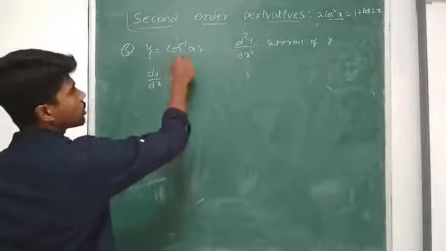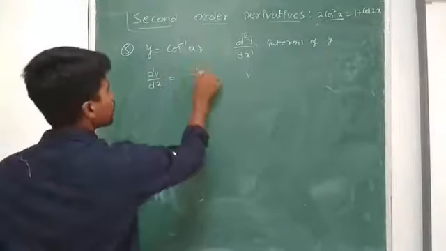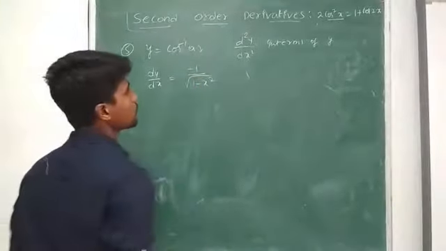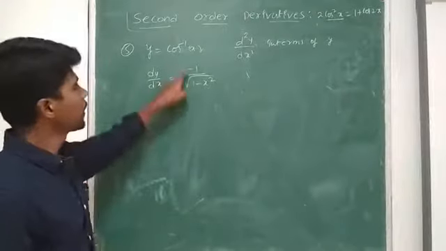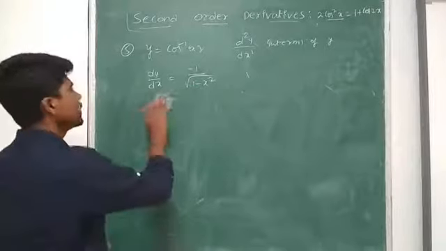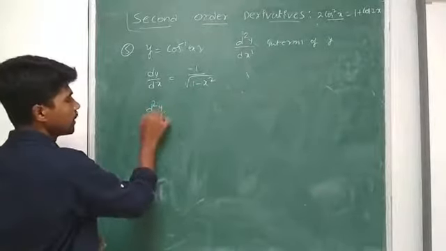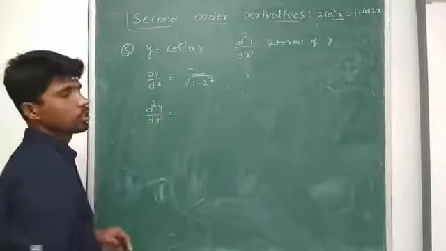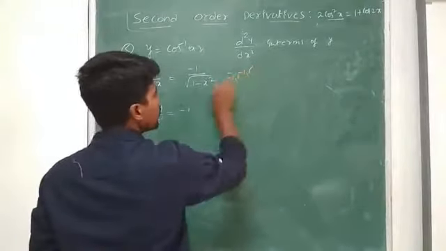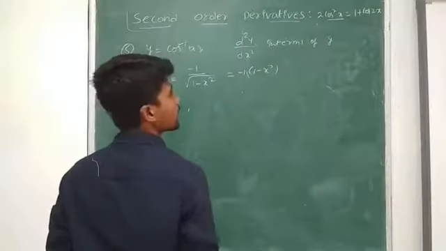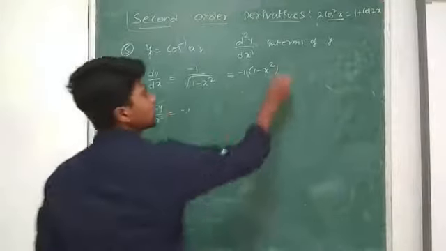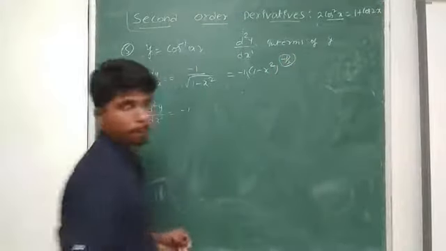dy by dx, the differentiation of cos inverse x, is minus 1 by root over 1 minus x square. Find its derivative again, d square y by dx square, which is equal to minus 1 into 1 minus x square whole power minus 1 by 2.